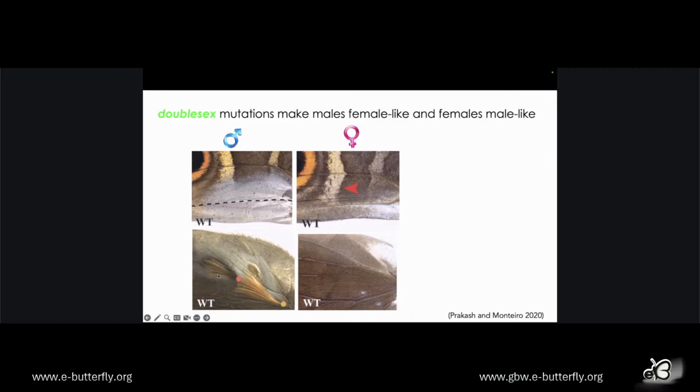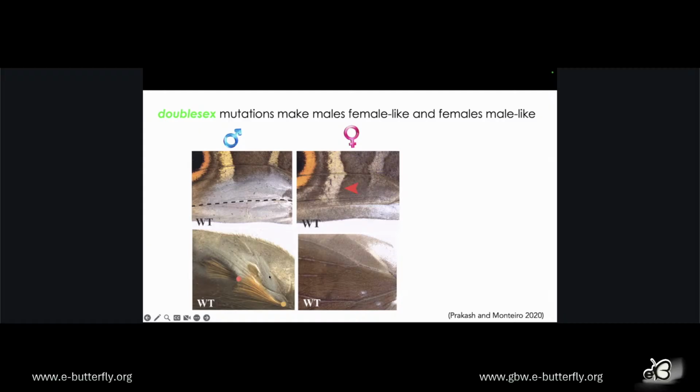Males have these hair pencils, which are modified scales that are used to diffuse pheromones during courtship to the antennae of females to try to attract females to mate with them. They also have these little glands on the wing that are the pheromone producing glands, and the hair pencils are right next door to them to help diffuse the odors. Okay, so females don't have those traits.